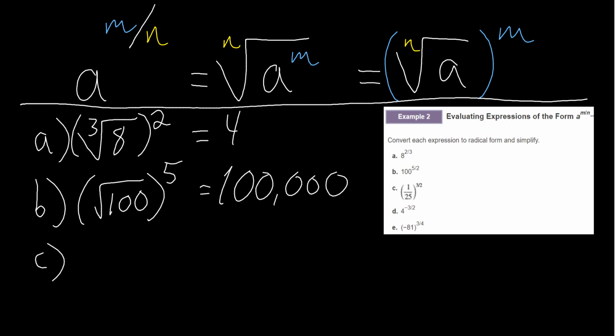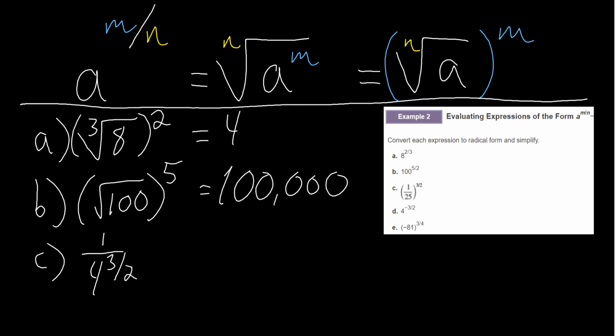C, 4 raised to the negative 3/2. So what we're going to do here is we're going to go ahead and put this in the denominator. So we're going to have 1 over 4 raised to the 3/2. Okay.